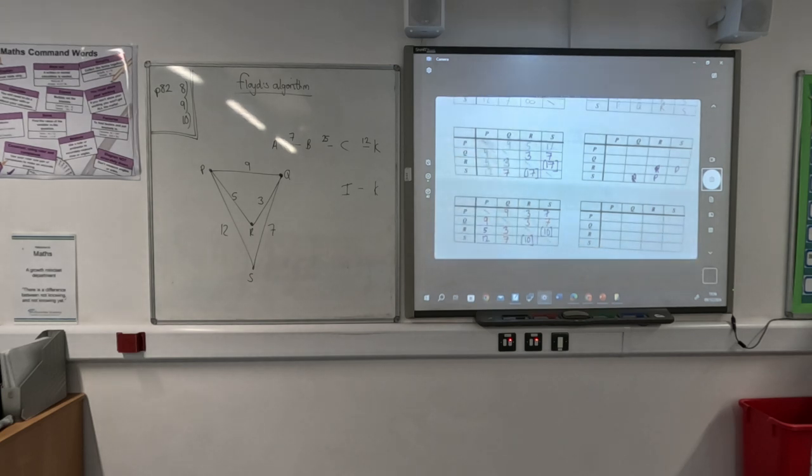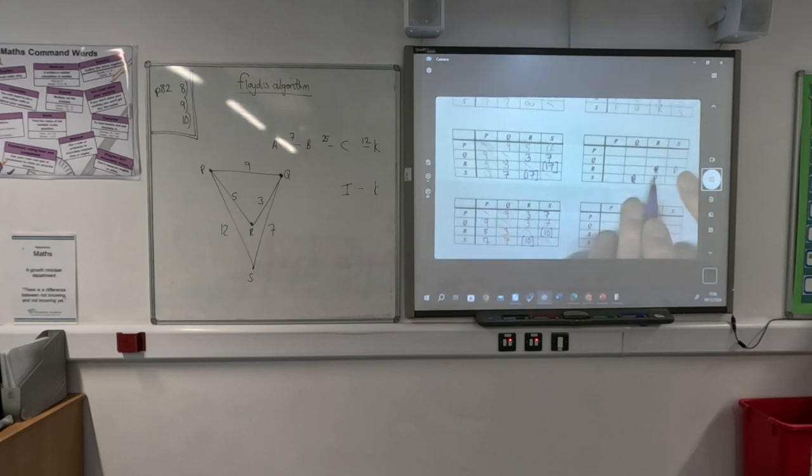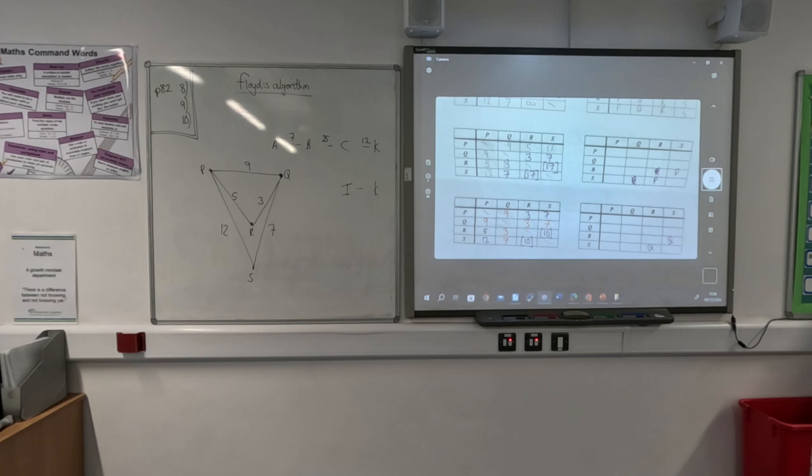So now those two numbers we changed when we were doing the P column, we're going to change them again now to Q, which now means that the shortest distance from S to R is through Q, it's not through P.